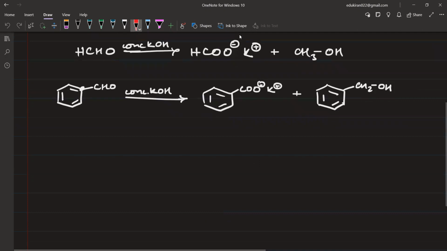After writing the reaction, write the last type of reaction that is shown by aldehyde and ketones, and especially benzaldehyde and acetophenone: electrophilic aromatic substitution.